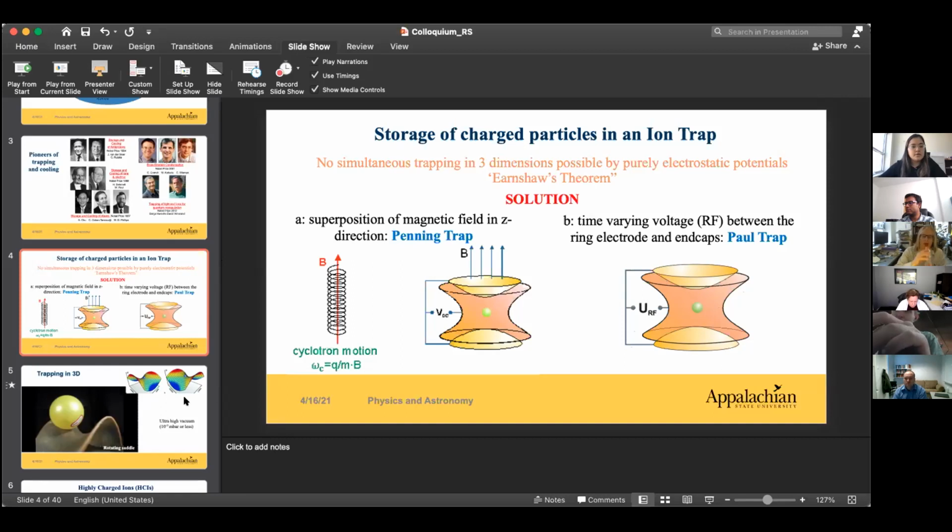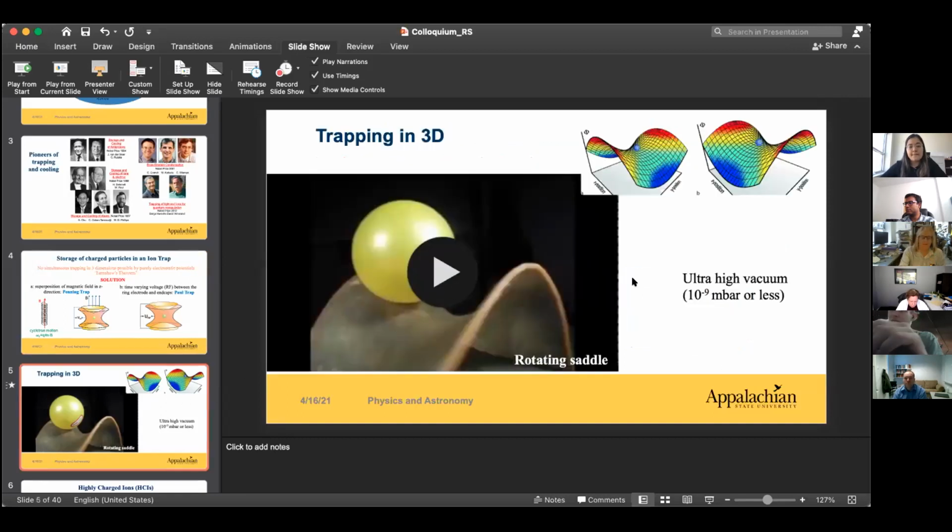And the reason you want to do that is that the shape of the potential is quadratic, so it looks like a saddle, basically something like this. As you can see, if you try to trap in one direction, then you won't be able to trap it in the other direction. And it's similar on the other side as well.